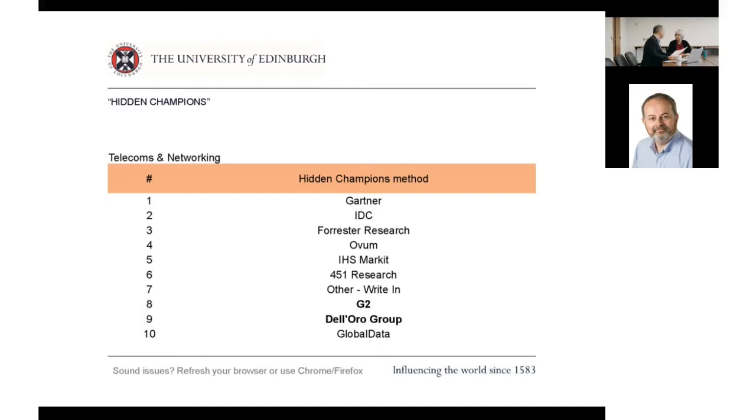So I think the freemium aspect of G2 is really giving telcos and telco companies a lot of value, not just in developing their own technology strategy, but for product managers who are looking to better understand use cases and customer pain points. And then Deloro, well, this is very different.